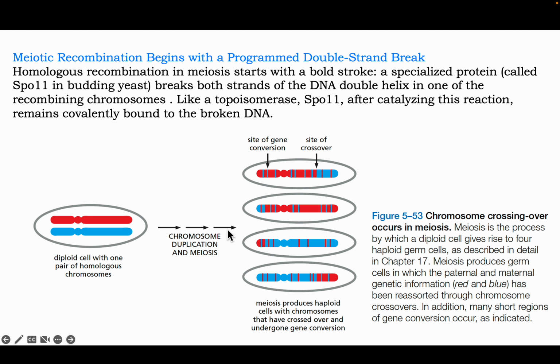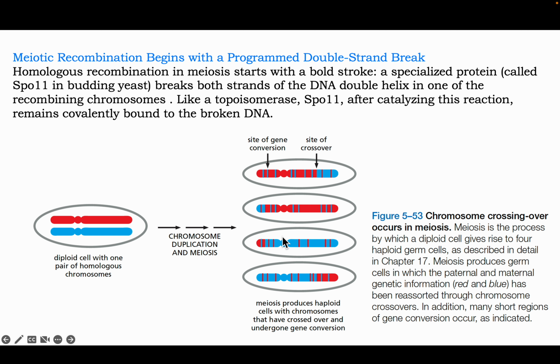You can see that after meiosis, four gametes or four nuclei have been formed. Here you can see the sites of gene conversion and the sites of crossover. One homologous chromosome is painted red and another is blue, so crossing over has occurred, and they have formed these red and blue patches.